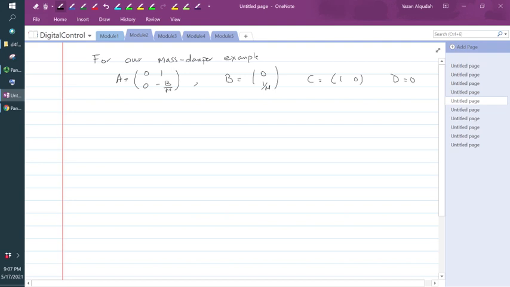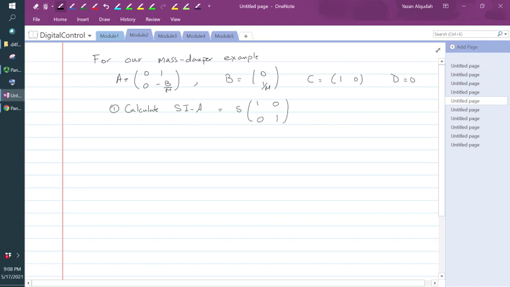So therefore, in order to obtain the transfer function, I need to calculate sI minus A, and then I need to obtain the inverse for it. So the first step, we're going to calculate sI minus A. So what is this sI minus A equal to? I'm going to have s multiplied by, of course we have a 2 by 2, so the identity that I'm going to use is 1, 0, 0, 1.